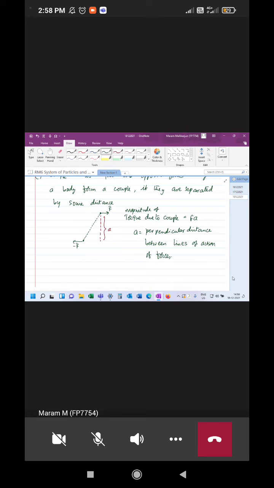How do you get that relation, torque equal to F into A? You can take the origin at any point, whichever you choose, either on this line or anywhere. Here, let us say we take the origin here, and let's say the position vector of this is R1 bar.